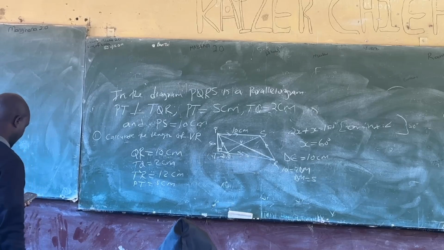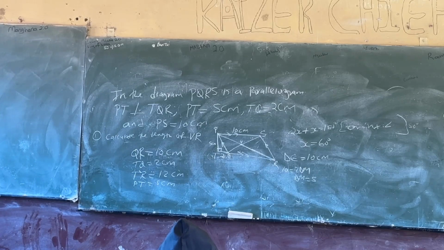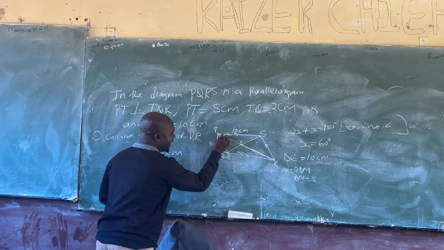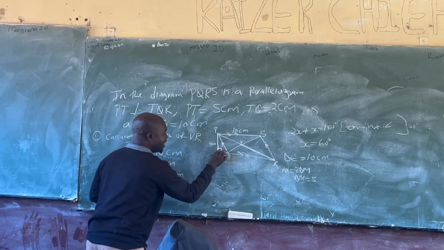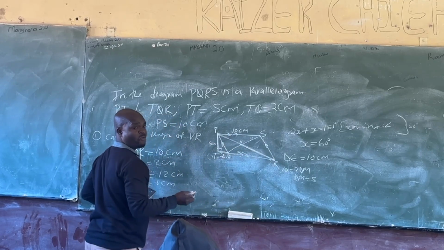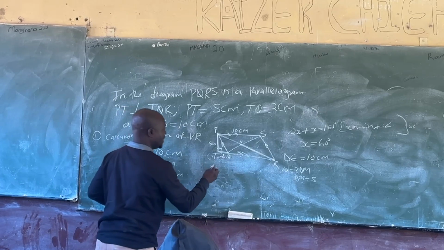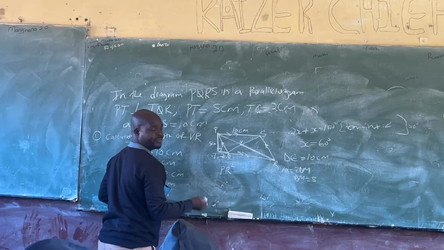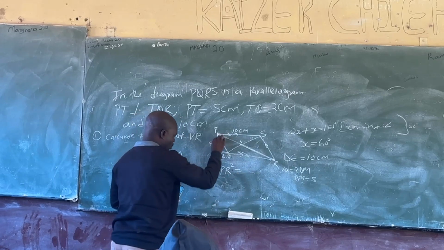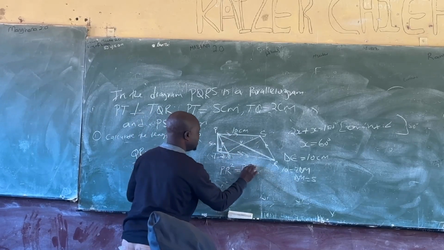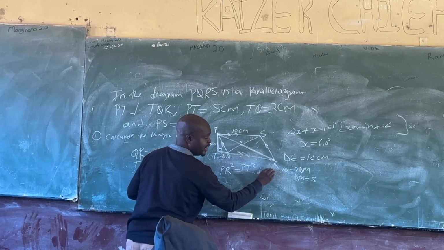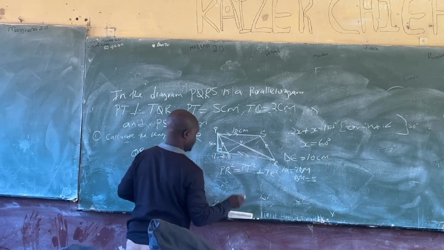Yes, we can solve. Let's solve PR. We have the right angle triangle. Here, theorem of what? Pythagoras. It means that our PR squared is equal to my PT squared plus TR squared.